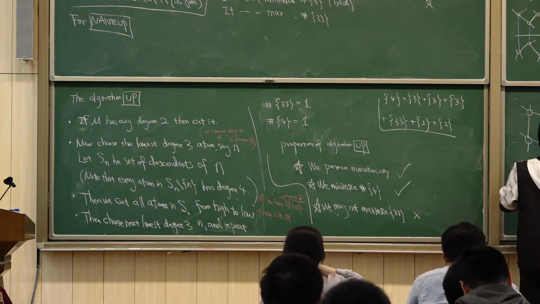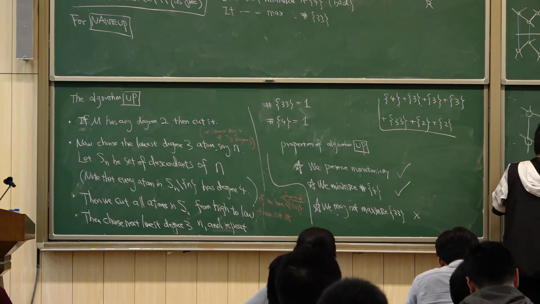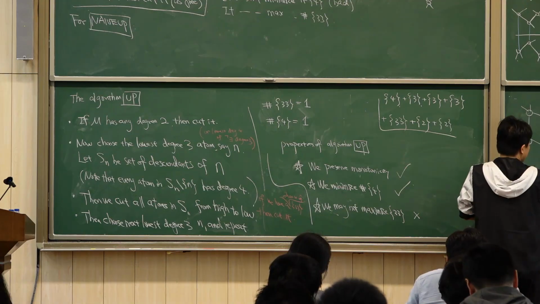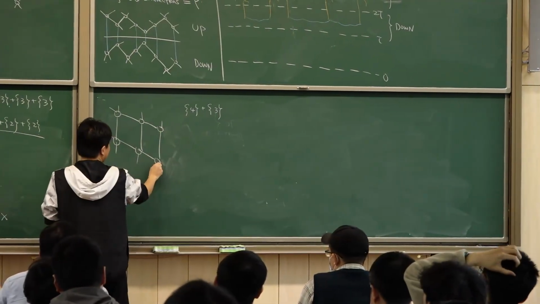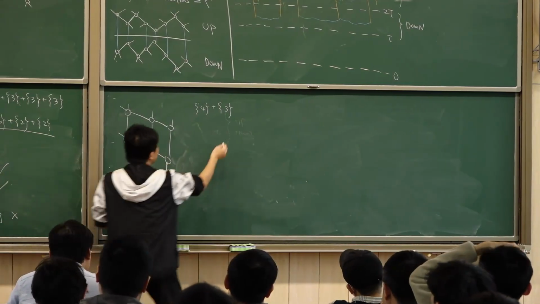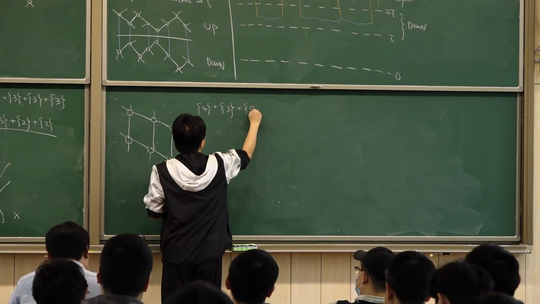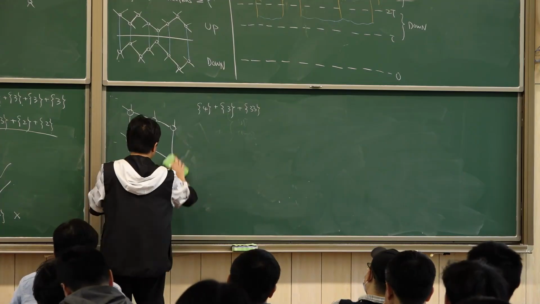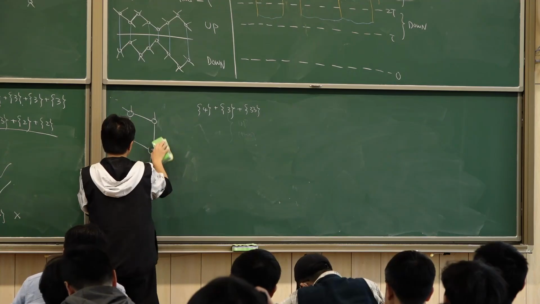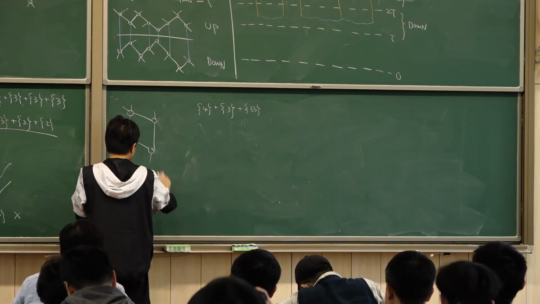So let's say we cut this. Then we get degree 3. But then the lowest degree 3 would be this one. This is not the lowest, this is the parent of this. But this is degree 3, this is degree 3, they are connected, so we get a 3. We can cut them together. And again, we get a 3, and this is the lowest degree 3.